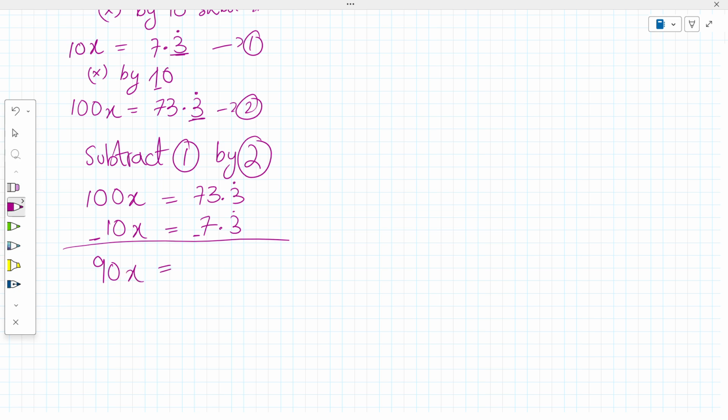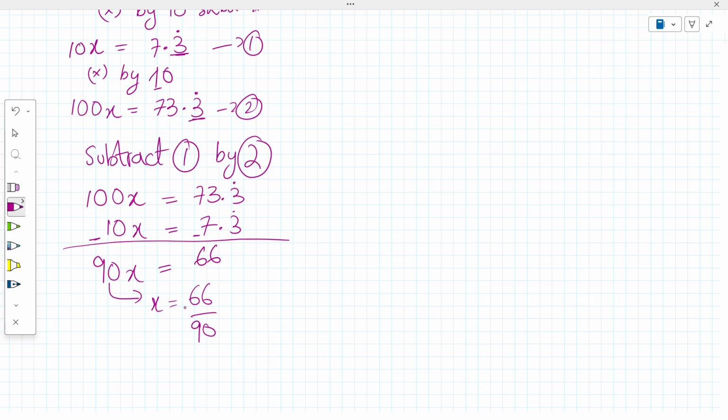And here the value will be 66. Now we move this 90 to the right hand side, so we can easily find the value of x. x equals 66 divided by 90.